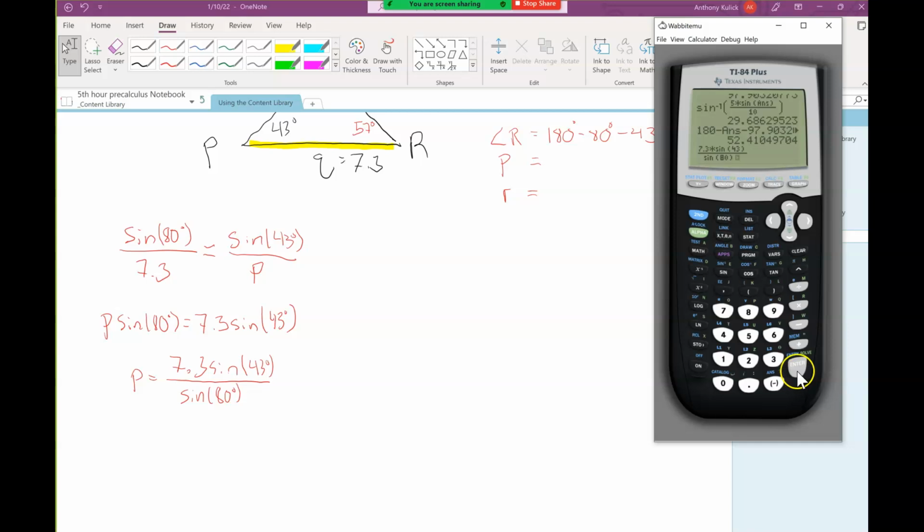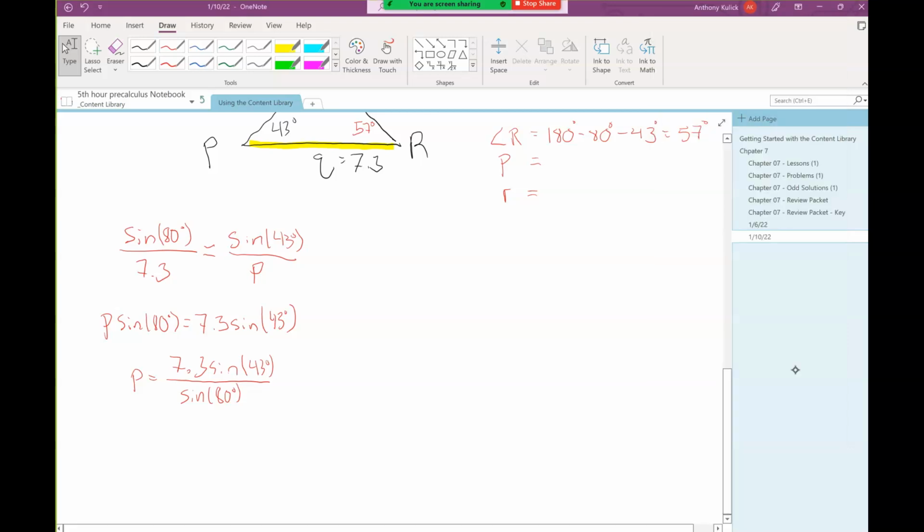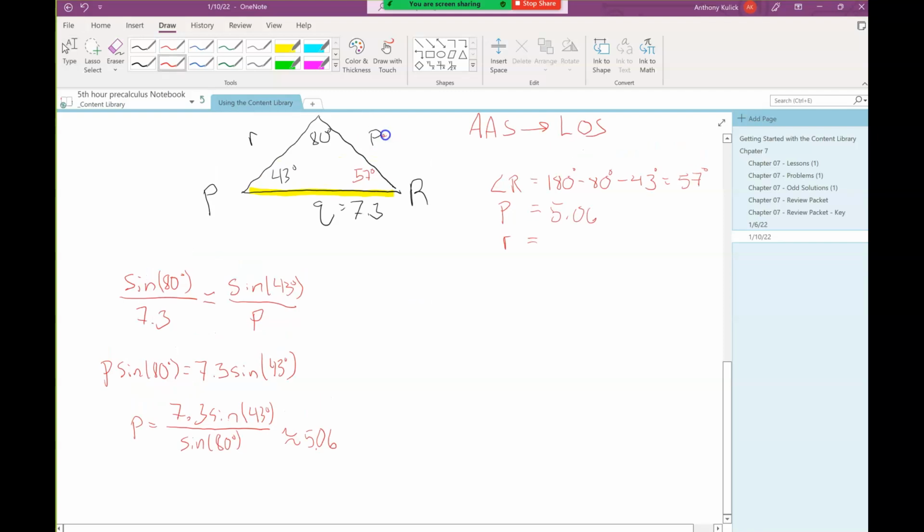Now I already know that my calculator's in degree because we did this already. So I get 506. And I guess the unit there was centimeters.